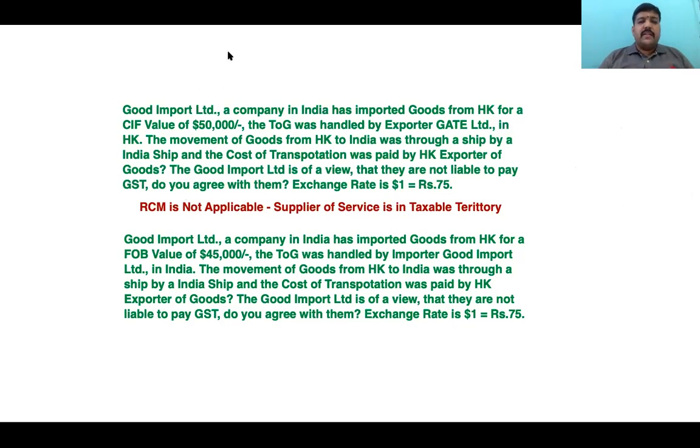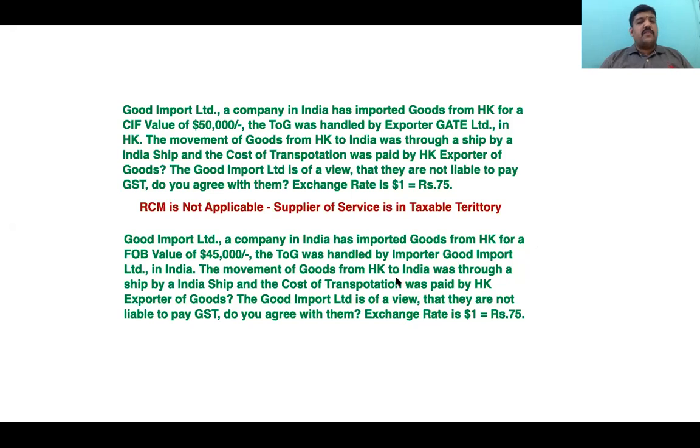Now we have the next question, which is question number C on the same facts. This time it is a little different again. Good Import Limited, a company in India, has imported goods from Hong Kong for a FOB value of 45,000. The transportation of goods was handled by the importer, Good Import Limited, in India.